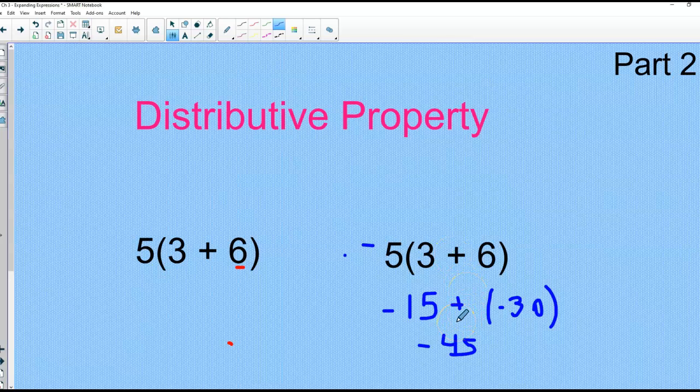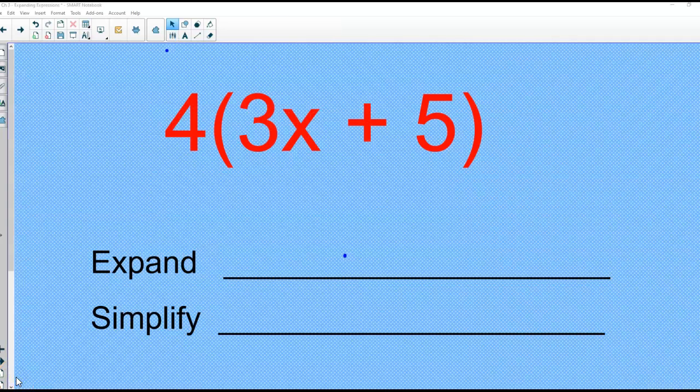Okay, so let's add in some variables now. You'll see it's pretty similar. Okay. Now, one of the reasons we have to use the distributive property here is because normally we would add what's inside of the parentheses together, but we can't do that because we don't have like terms.